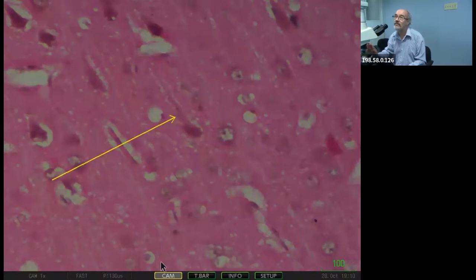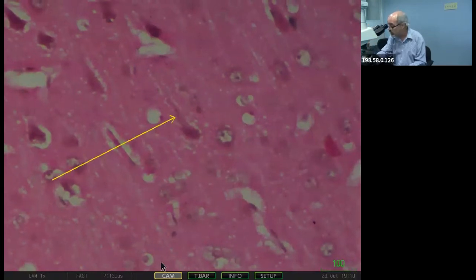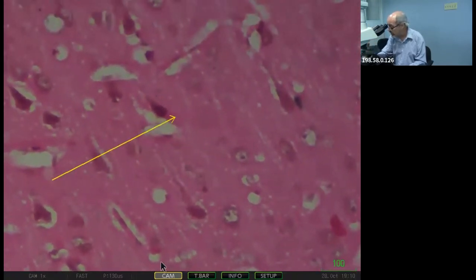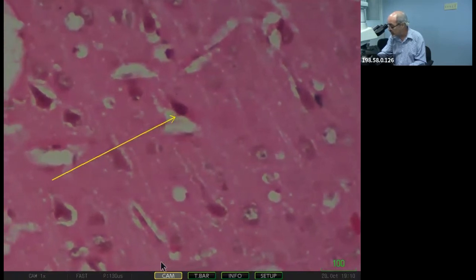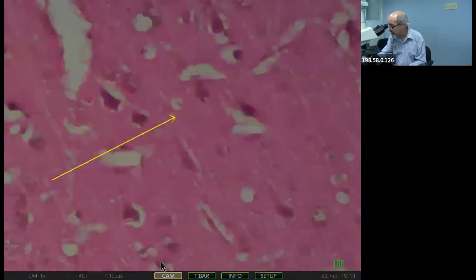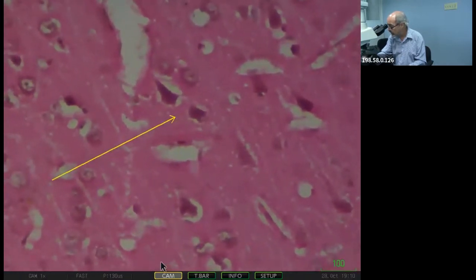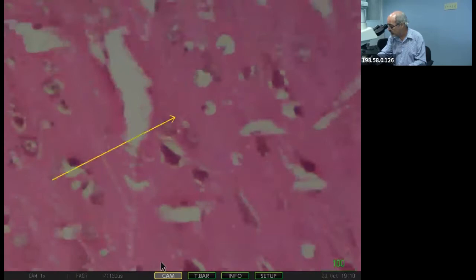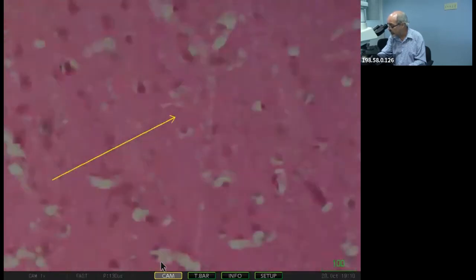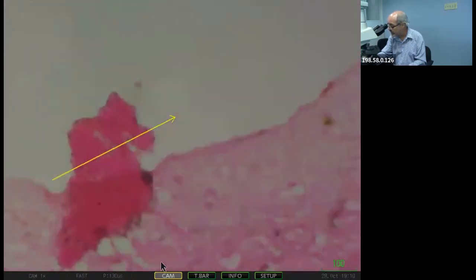So you have an apical dendrite. See that the apical dendrite is going towards the periphery. So you see this one, you have another pyramidal cell here. You have another one here, and you see the apical dendrites are going towards the periphery, which is here.